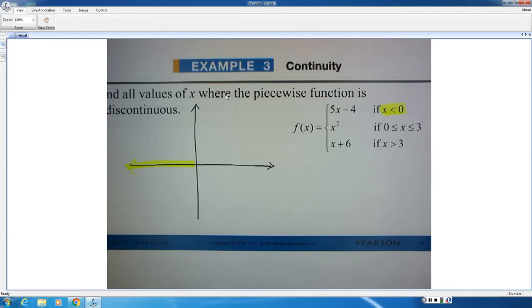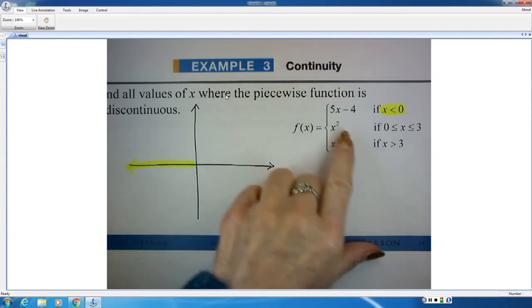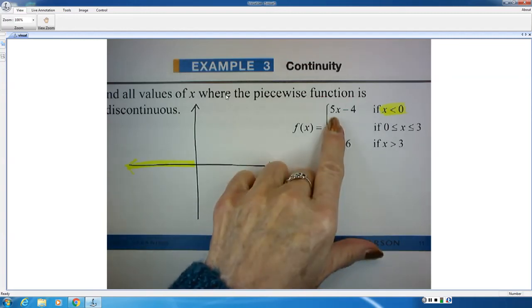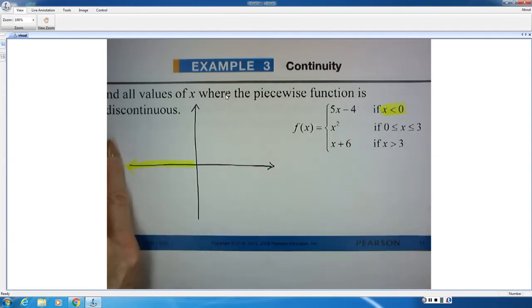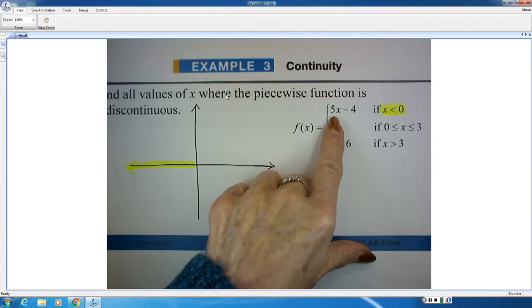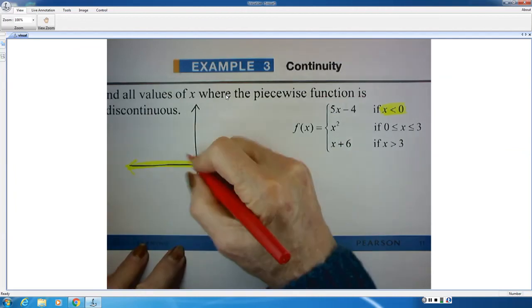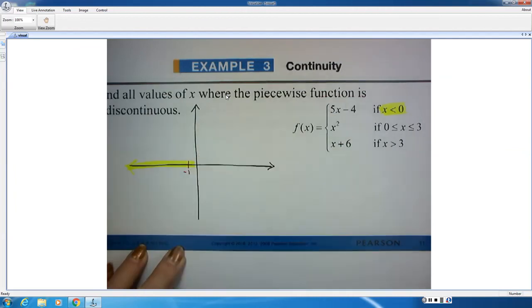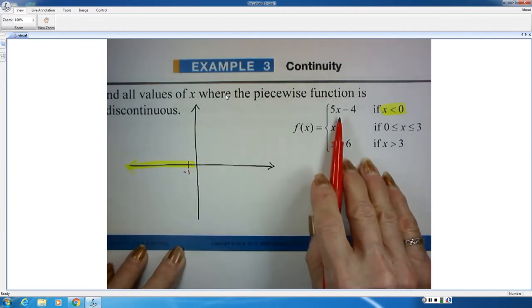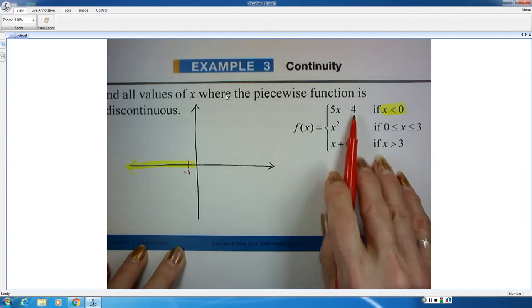Okay, when x is less than 0, the function is a linear function. It makes a line. All I need to do to figure out what it does over here is plug in numbers that are less than 0. In other words, plug in negative numbers. So if x is negative 1, then 5 times negative 1 is negative 5, and negative 5 minus 4 is negative 9.